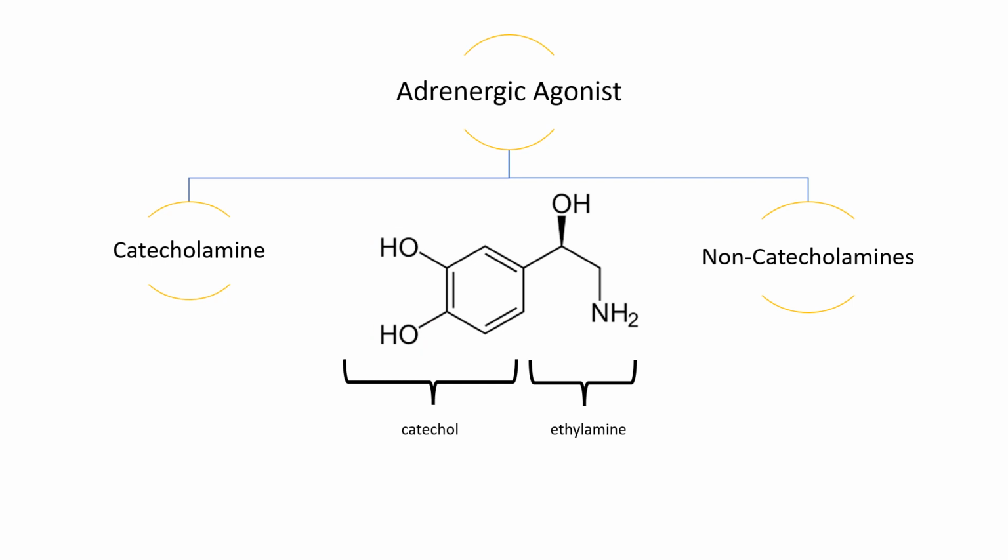Now, the structural differences create three main differences in properties between catecholamines and non-catecholamines. First, oral usability. Second, duration of action. And third, central nervous system penetration. So let's briefly talk about how they compare in terms of oral usability.